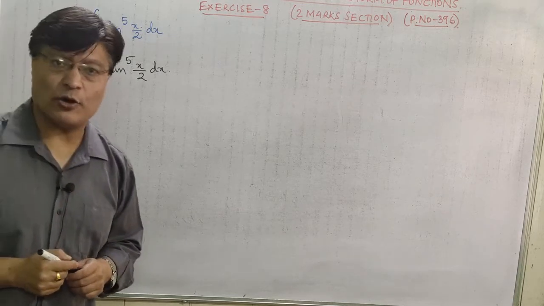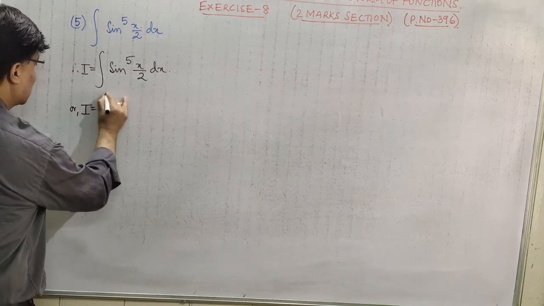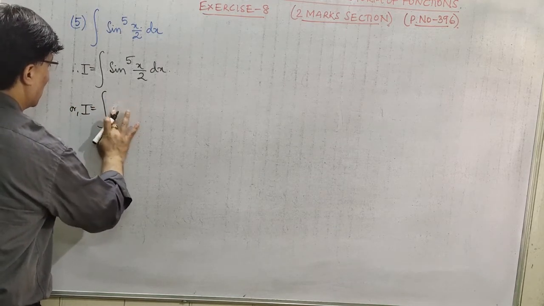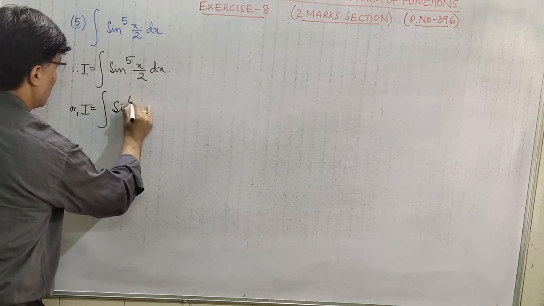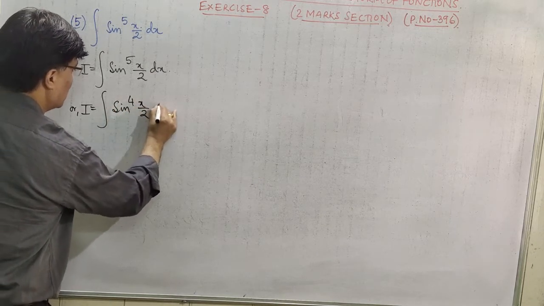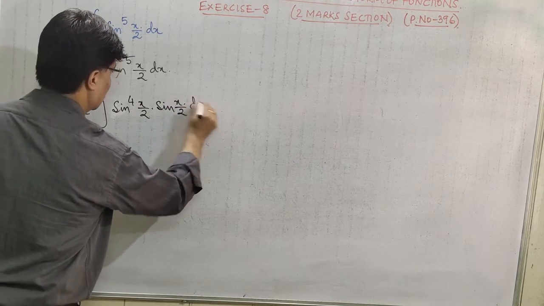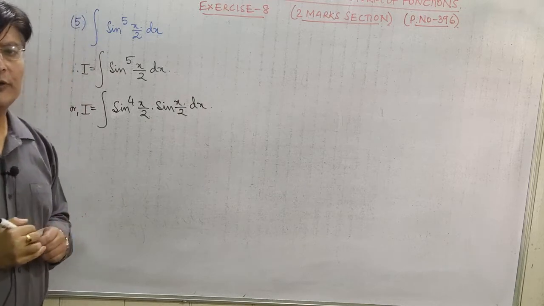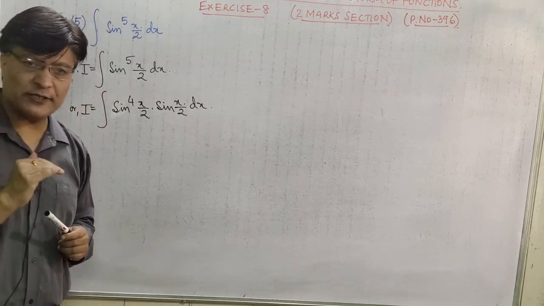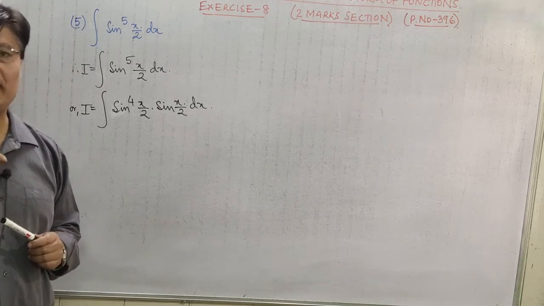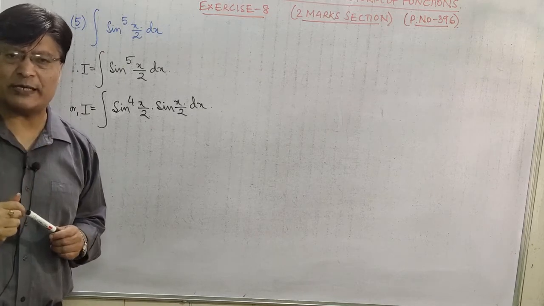You can break this odd power as integration of sine to the power 4 x by 2 into sine of x by 2 dx. Now differentiation of which function is sine x by 2? That is, differentiation of cos x by 2 will be minus sine x by 2 into half. We are getting sine x by 2, isn't it?